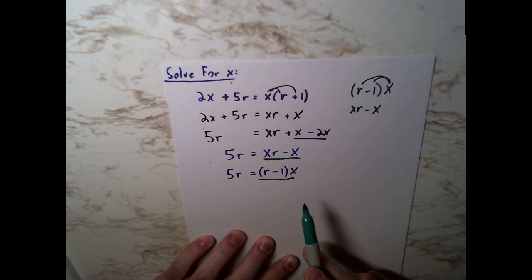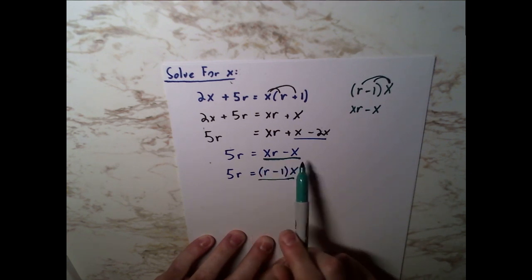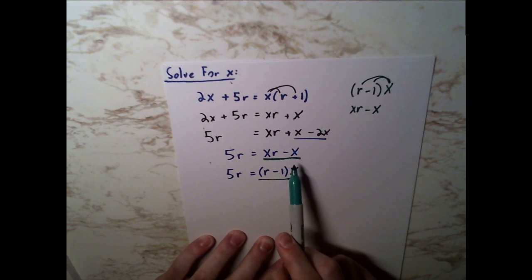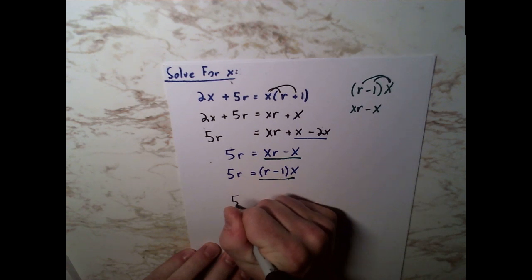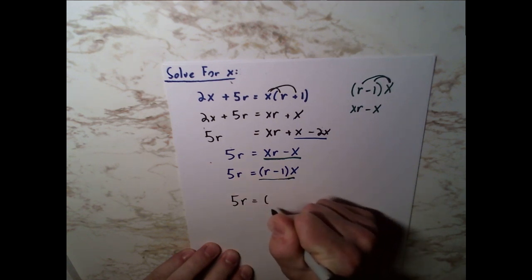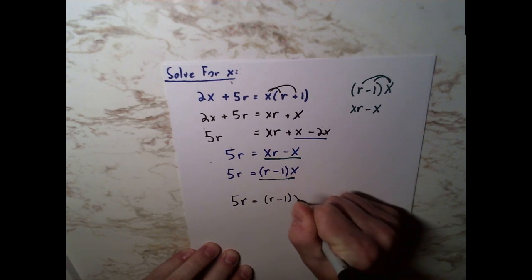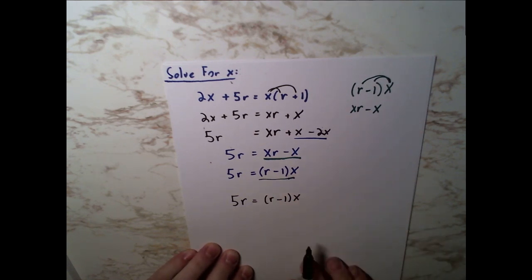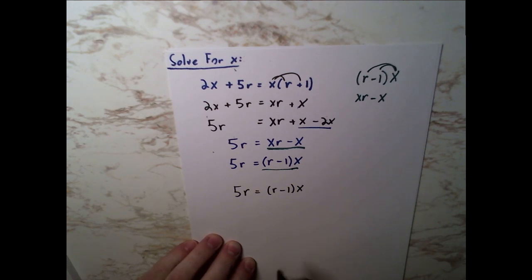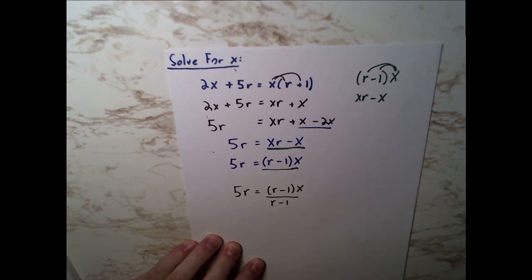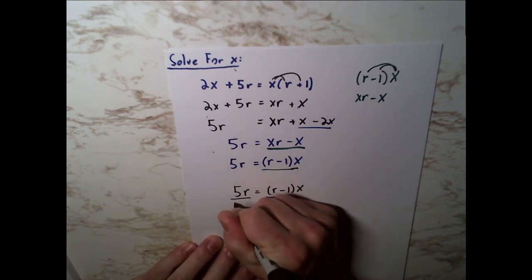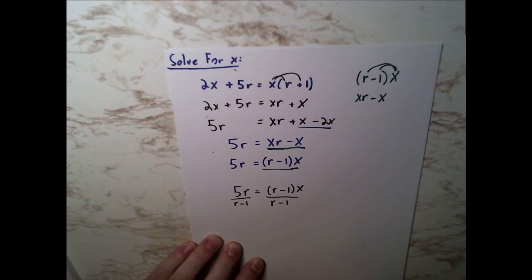So pretty much what we did was we just took an x outside of this equation just to get it over by itself. And the reason why we did that is so that we can divide by r minus 1 and get x all by itself. I'm going to rewrite this down here just so that it's a little bit cleaner. So we're going to divide by r minus 1 here, and we're also going to divide by r minus 1 over here.